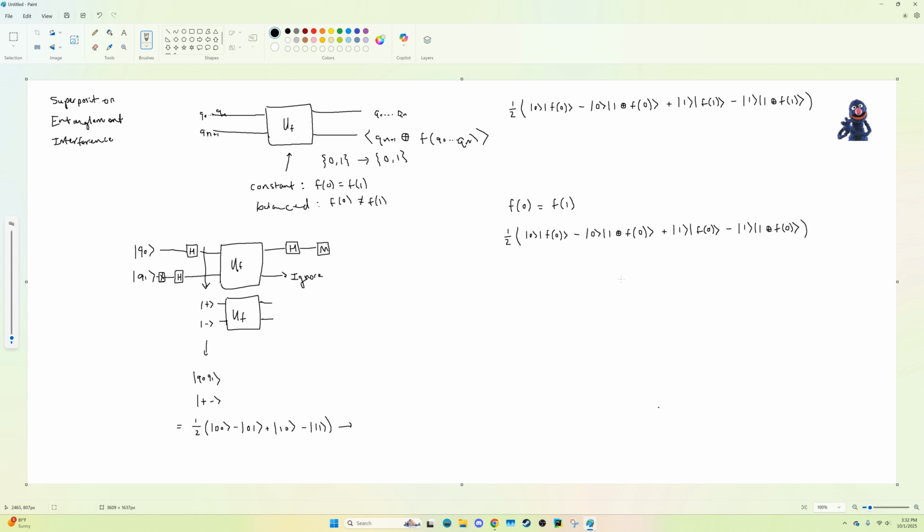Okay, and now we can combine like terms. So what do we have here? We have 1/2 times, and we can pull out a ket 0 here.